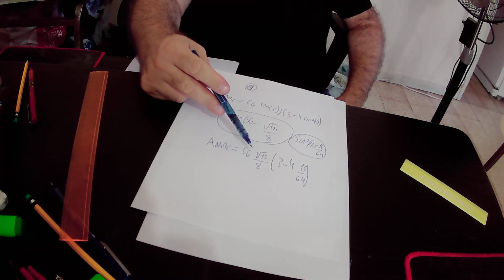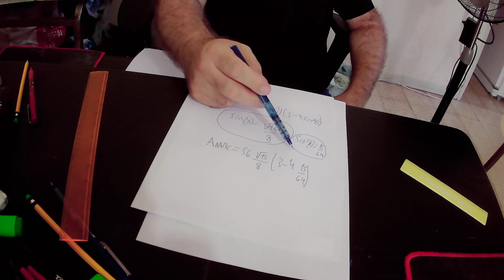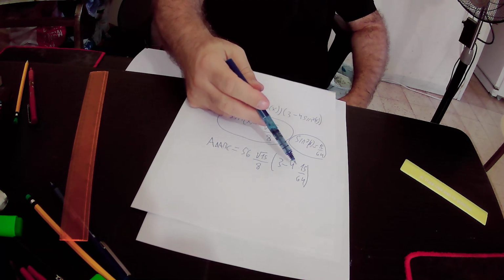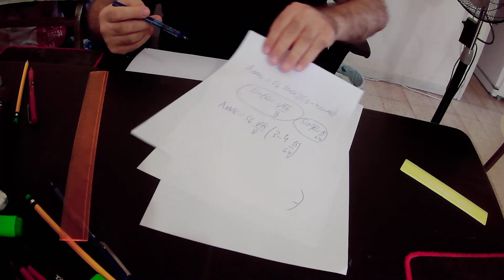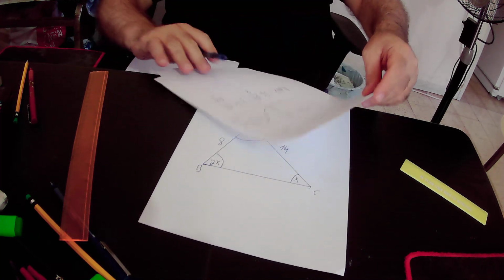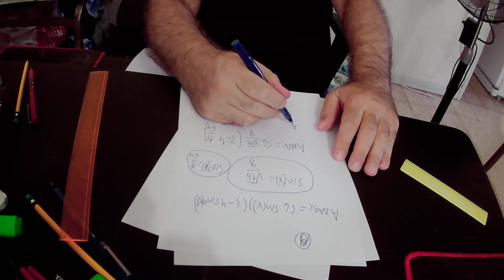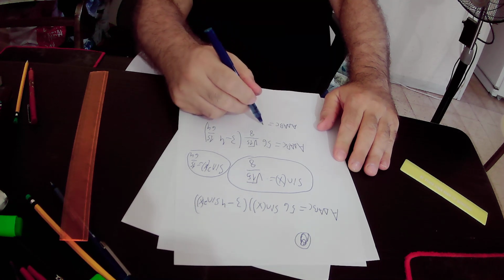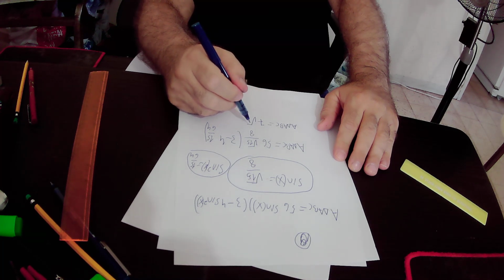Here 56 over 8 is 7, and here we can cancel 4, because 64 over 4 is 16. So the area of triangle ABC will be equal to 7 times root 15.